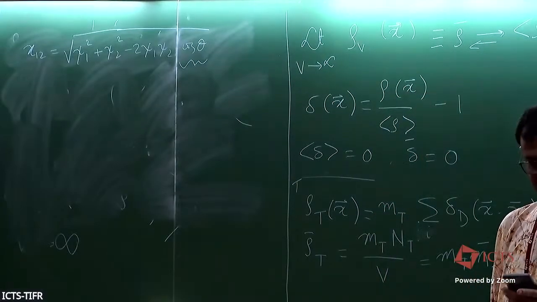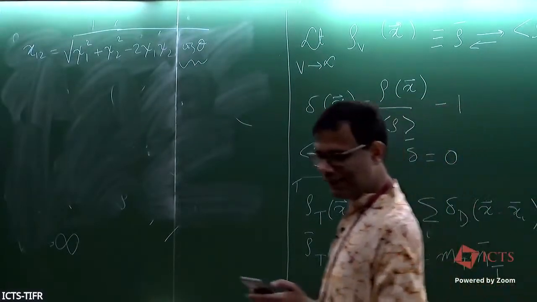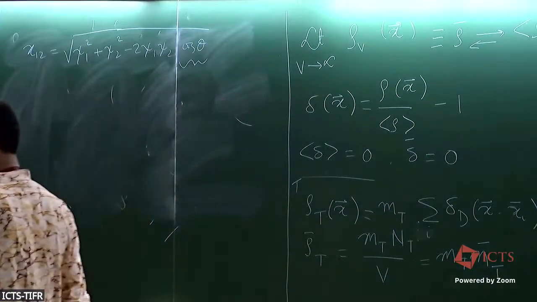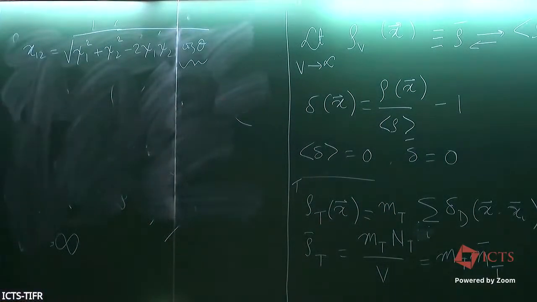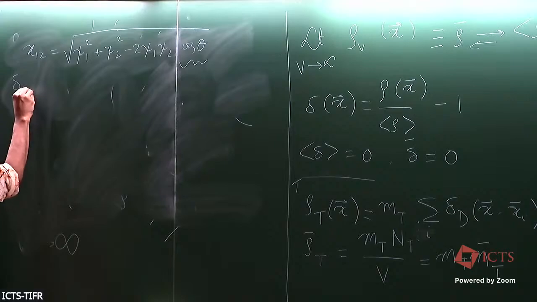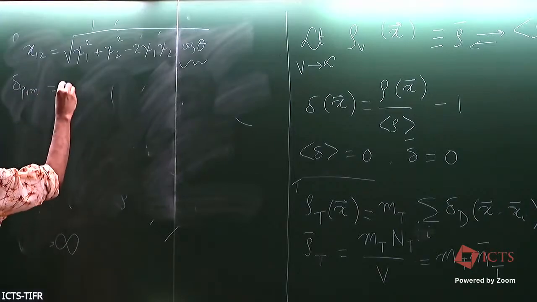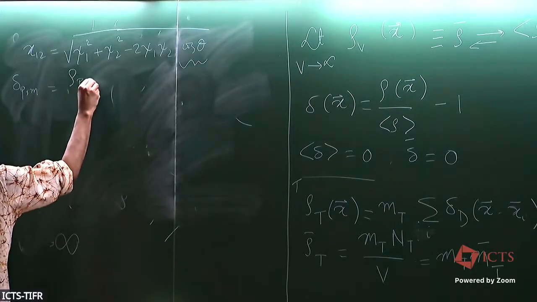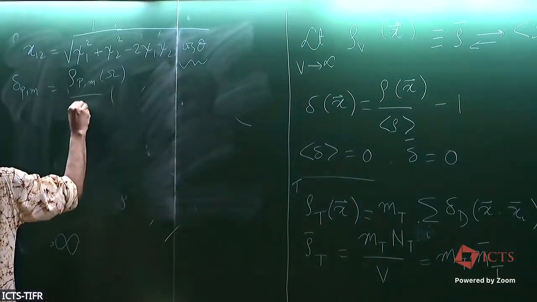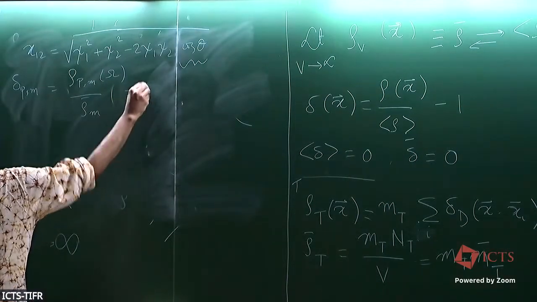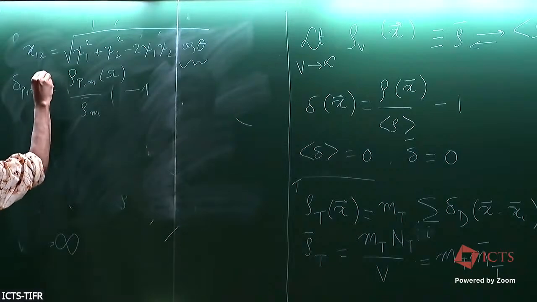In that case, what you need to do is something which I will write but won't go into the details. I think I have left a problem here. So what you do is you define our usual delta Pm, which is rho Pm of omega by rho bar m minus 1. This is a function of omega.